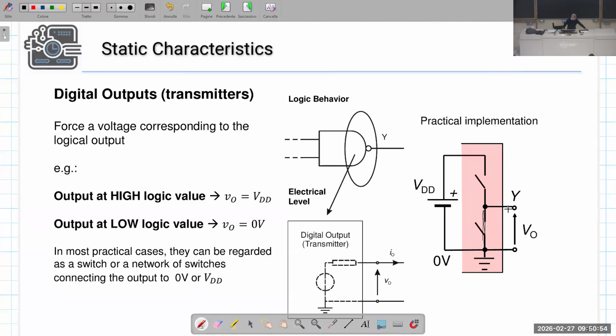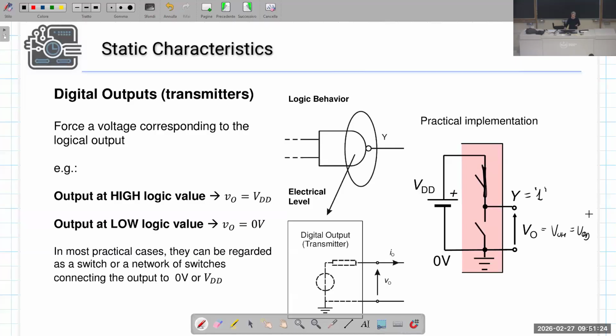So when, based on the result of the processing, the logic level should be 1, the first switch is closed and the second switch is open, so that the output is effectively connected to VDD, and so VO is equal to VOH, which is equal to VDD.